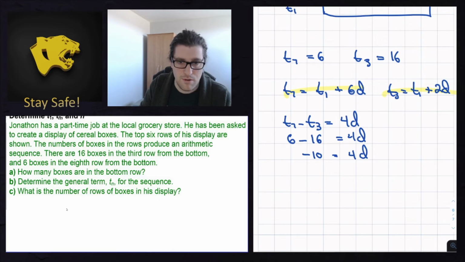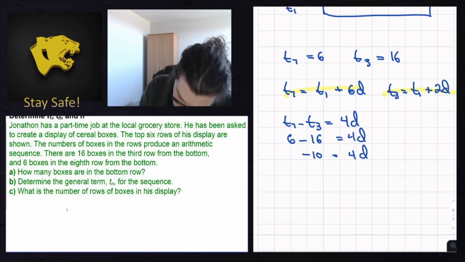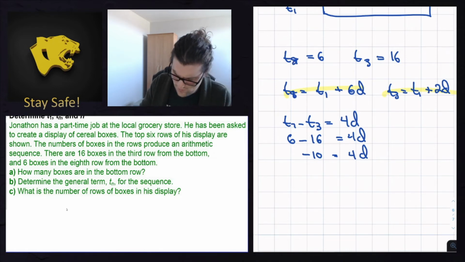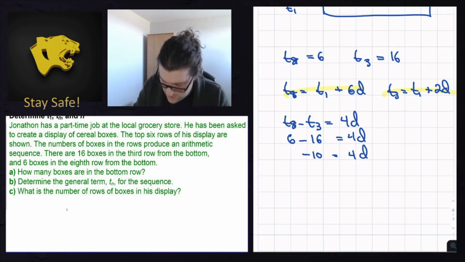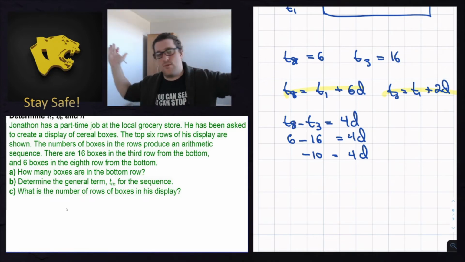It's the 8th row. I don't know why I put 7. I was like, oh, that's weird that it doesn't work out to be a whole number of cans. Probably should start that over again, but I'm not going to because I'm running out of time.